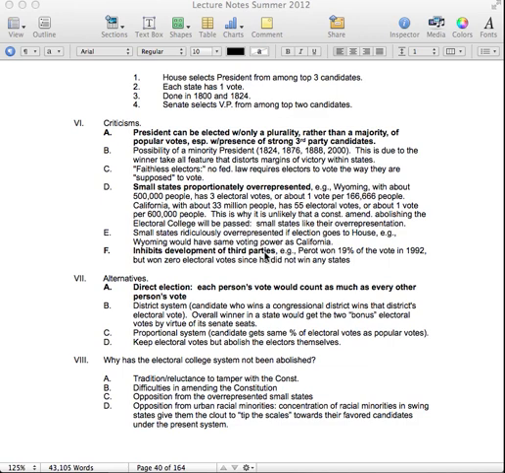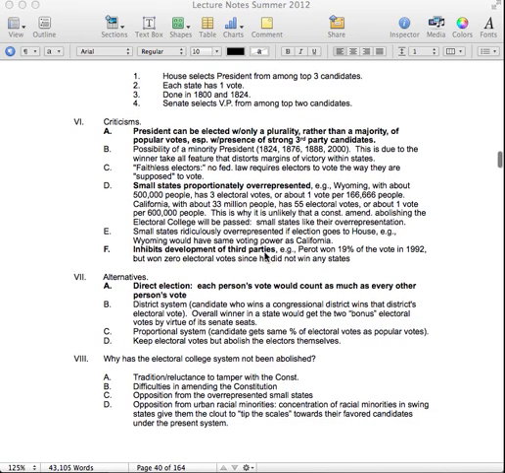I know that's not an overwhelming majority. It would be like 50%. Just because you barely won that state doesn't mean you should get all of the Electoral College votes. So this really discourages third-party candidates.